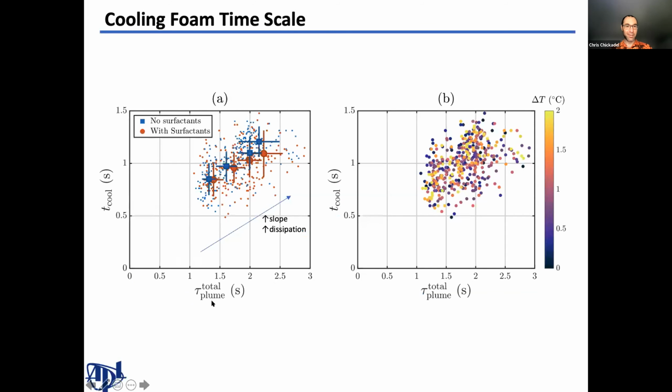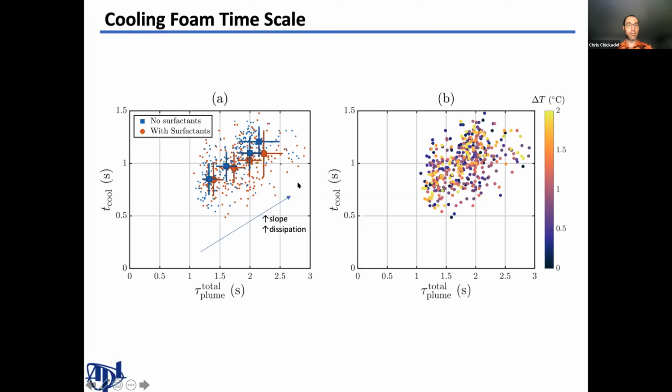So the correspondence between this total plume time and the cooling time that we've identified in these cases is very nice, apparently linear, though not one-to-one, as Adrian Callahan had noted with visible imagery.